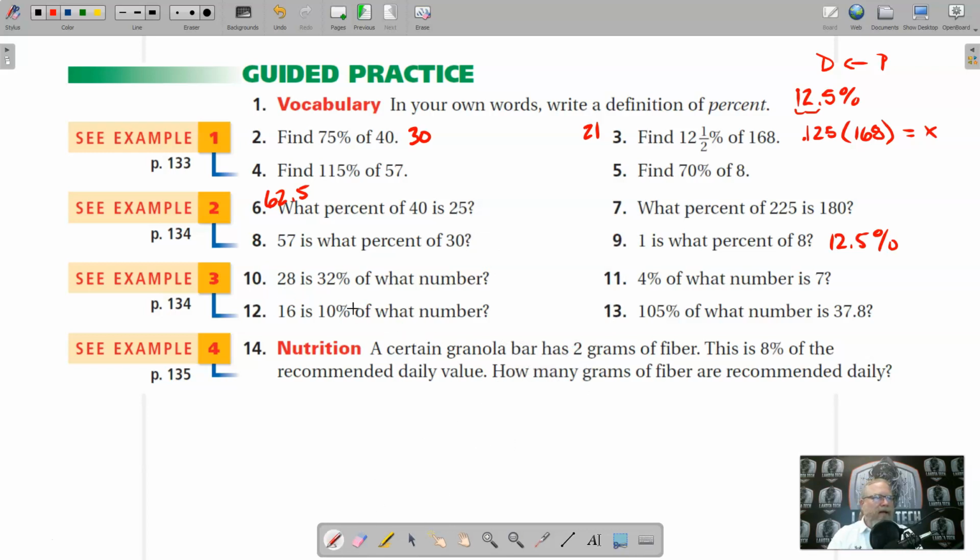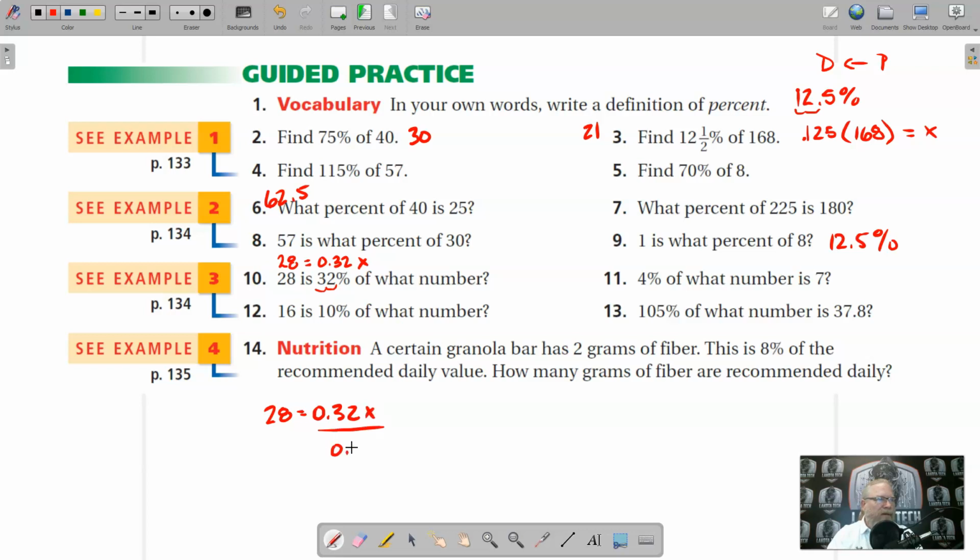And now let's try some of the percentage equation stuff. So 28 is 32% of what number? Is means equal. 32% as a decimal, move the decimal over two places, is 0.32. Of means to multiply, what number x? So we have 28 equals 0.32x.